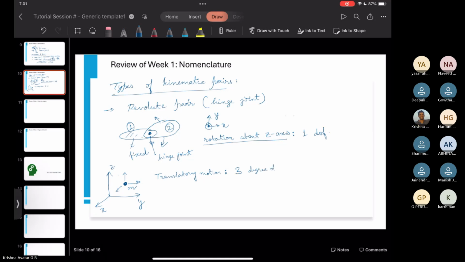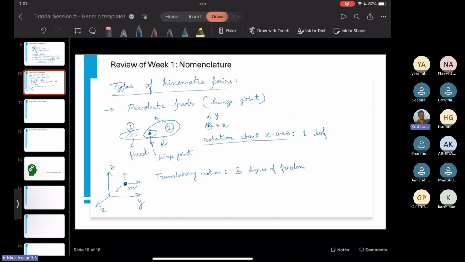So degrees of freedom, the actual definition follows from classical mechanics. So it has a very complex definition. Just to tell you, the degrees of freedom are the minimum number of coordinates which can describe the motion of a system or any body.